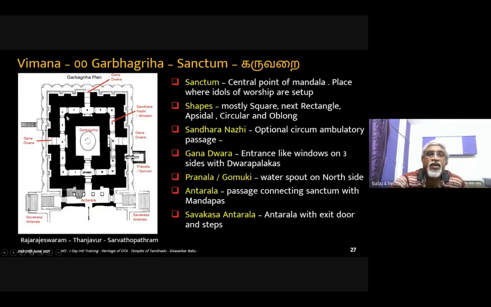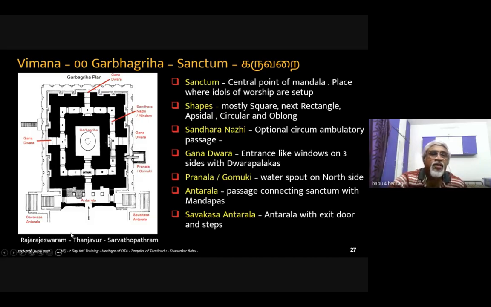The point is that this circular ambulatory path is called Sandara Nali. And this is optional. So when you say Sandara, it means that there is a circular passage inside the area of the Vimana.